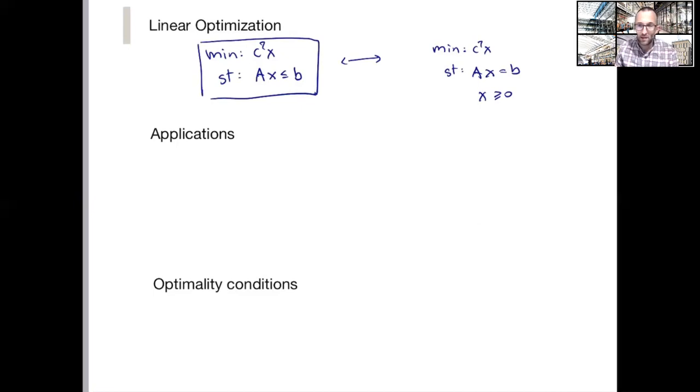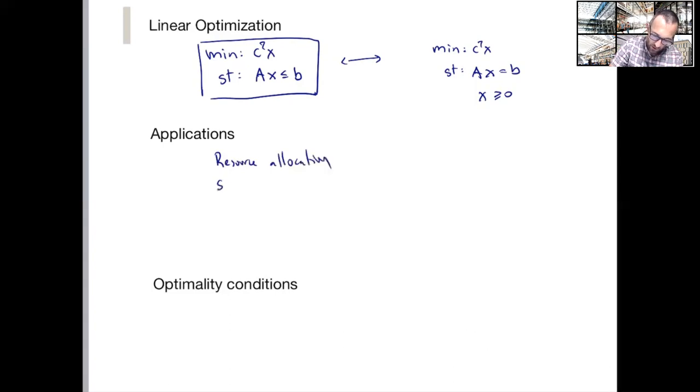There's a huge number of applications of linear programming, even though it looks like a very restricted class of problems. Even though the objective is linear and all the constraints are linear, it can still model a huge number of things. So it models many resource allocation problems.